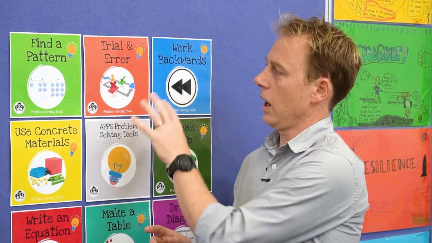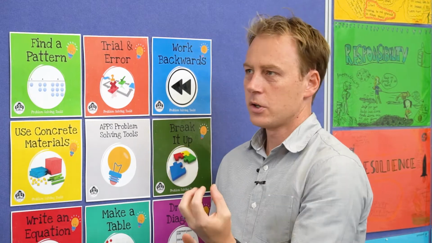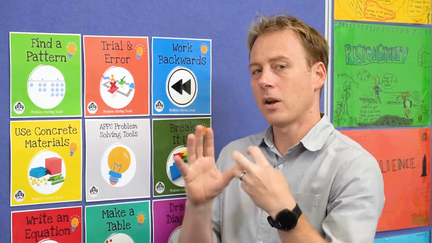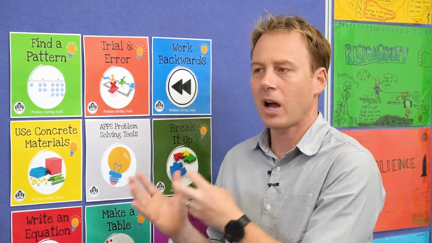This isn't a strategy that we might see when we're doing just process-based mathematics like 17 times 4. But when questions start getting more challenging, where we've got an answer and we need to know what numbers may make up that answer, we can't be sure straight away, so we've got to try different things.